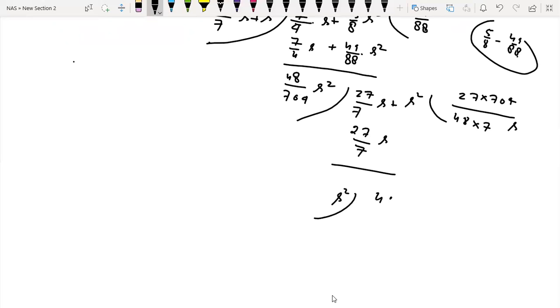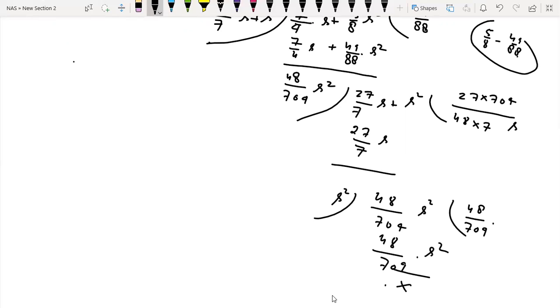The divisor now becomes 48 by 704 s square. So this term is 48 by 704 s square and that cancels out.